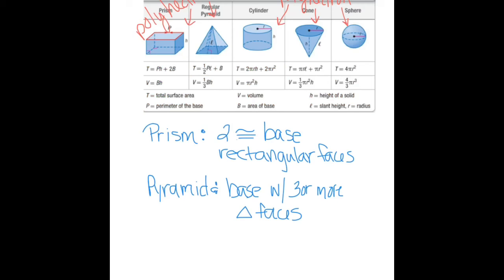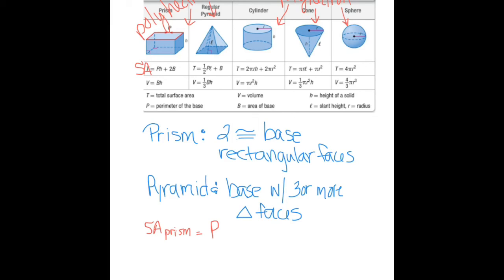All right, now let's talk about surface area and volume. We're dealing with 3-dimensional shapes. I have 2 polyhedra and then 3 non-polyhedra, but I really want to focus on the formulas. So the surface area of a prism, I'll write it down here so you can see, this formula works for all prisms, is the perimeter of the base.